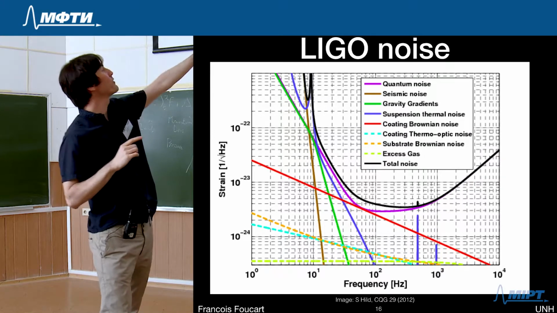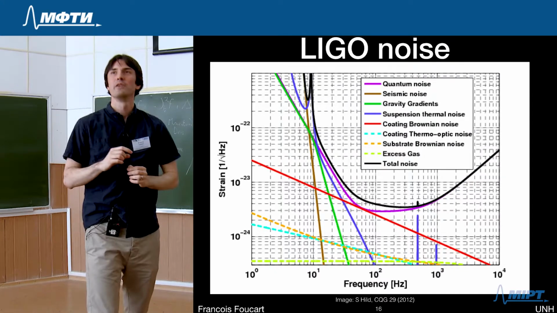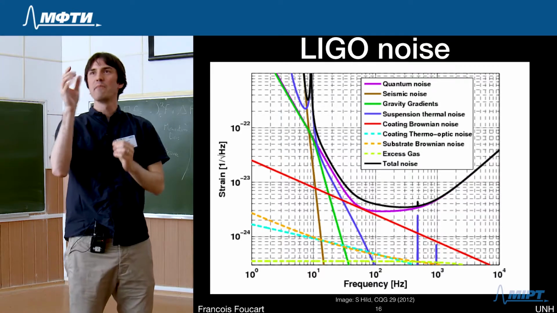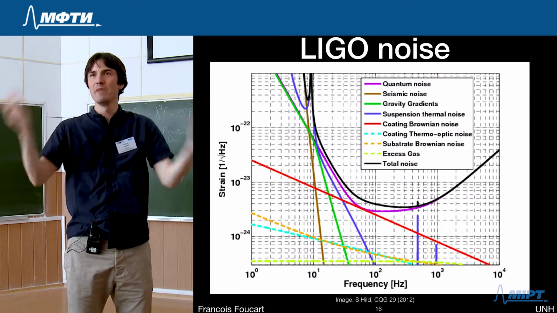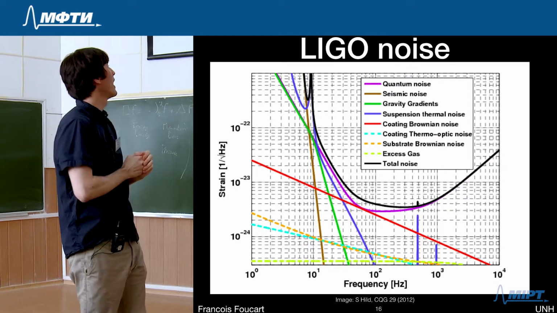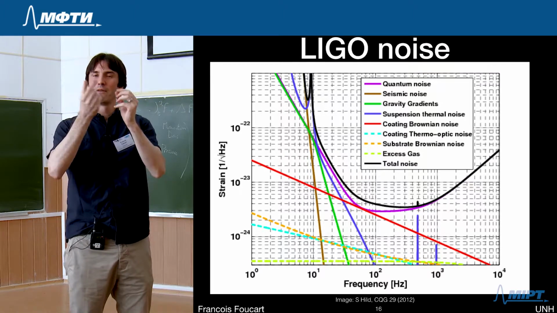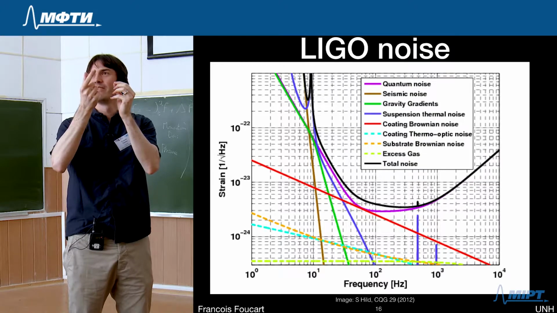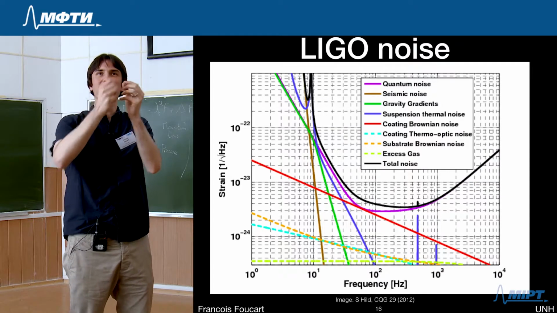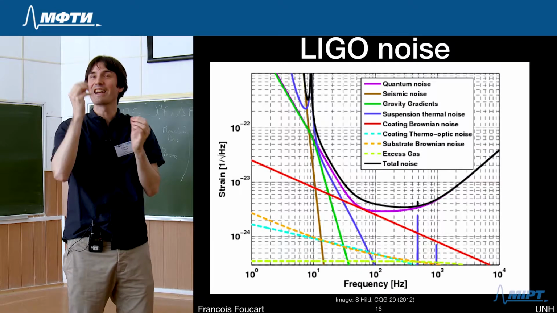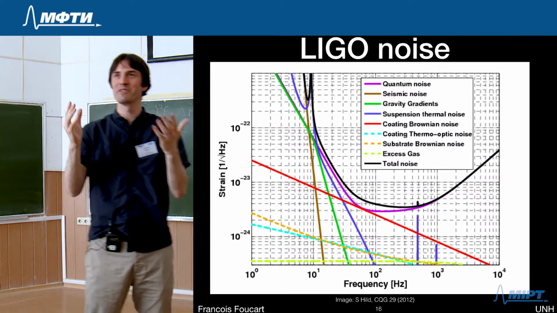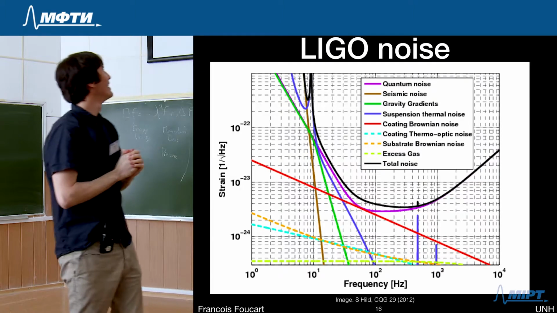At high frequency, it's the fact that you don't have many photons to sample your signal at those high frequencies. You have a limited number of photons due to the limited power of your laser. And those photons have an uncertainty in their time of arrival. That means that you have an uncertainty in the phase of the gravitational wave signal, because you don't know exactly when the photons are arriving because of quantum uncertainty.